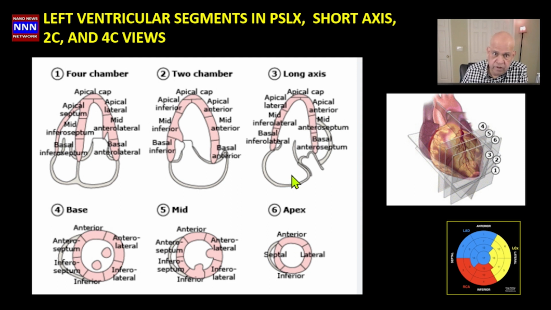If it's a circumflex lesion, then generally speaking, this is the circumflex region, and you're generally looking at these two views, namely the four-chamber view, where you see the anterolateral region of the left ventricle. Again, there's a little confusion here as to anterolateral and inferolateral, and where's the actual lateral wall, which is used by many other modalities.